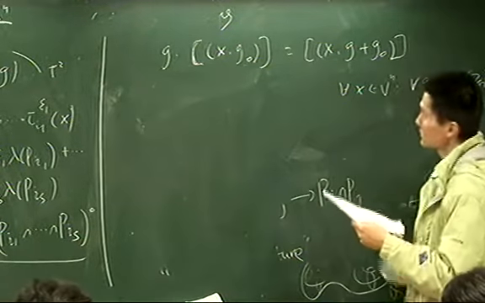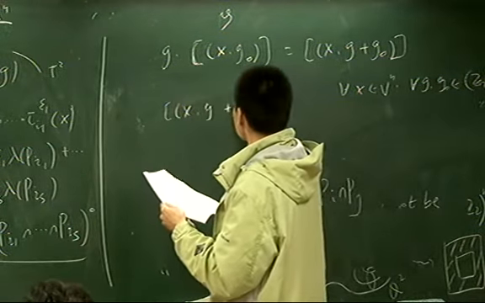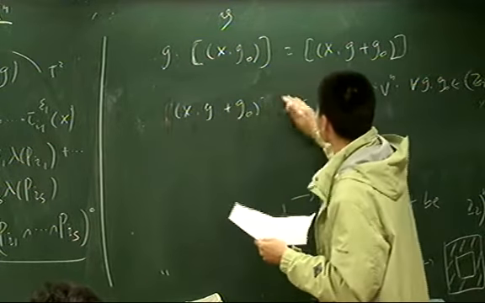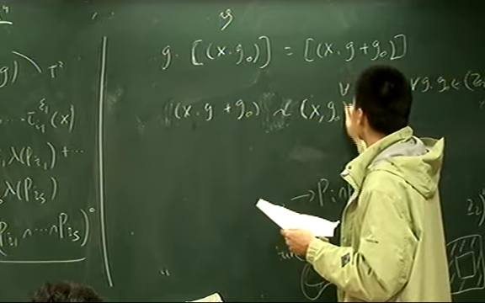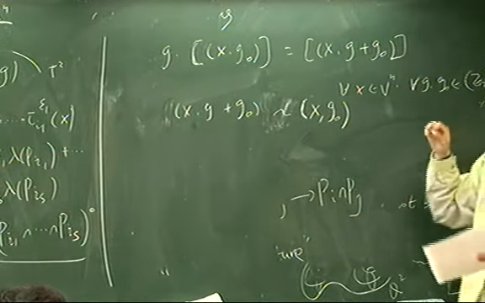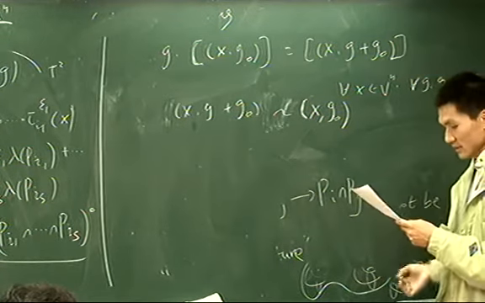We can show that this action is free. The point x, g plus g0 is never equivalent to x, g. So this is a free Z2^m action.